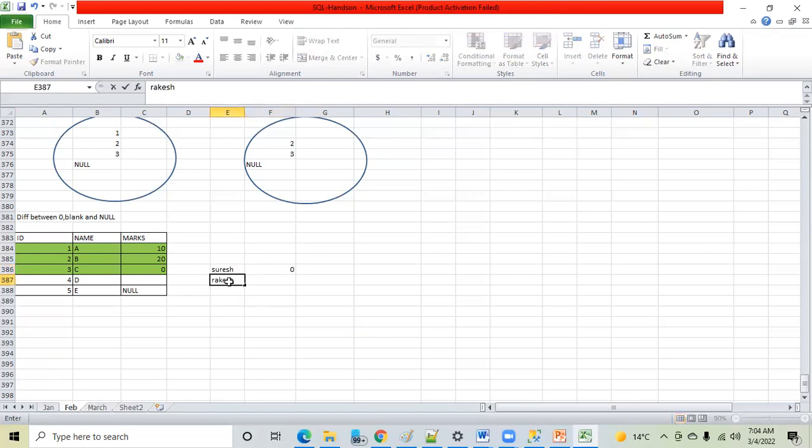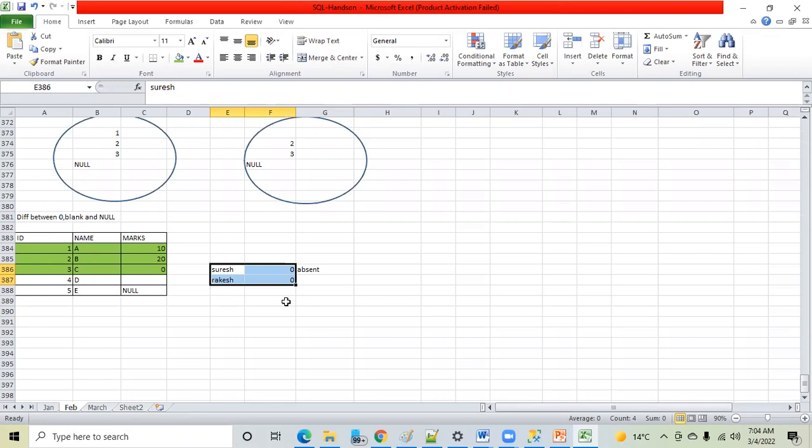Rakesh has appeared in the exam and he has scored 0. But suppose a particular class teacher has assigned 0 for Suresh as well, but actually he was absent. So can we assign 0 to Suresh and 0 to Rakesh both? Do they have the same meaning?